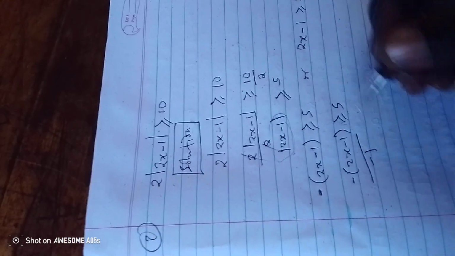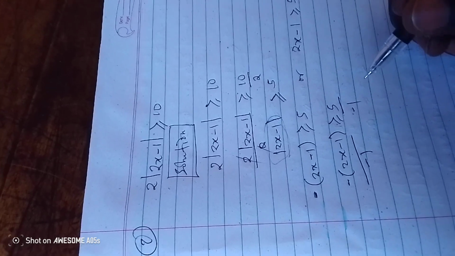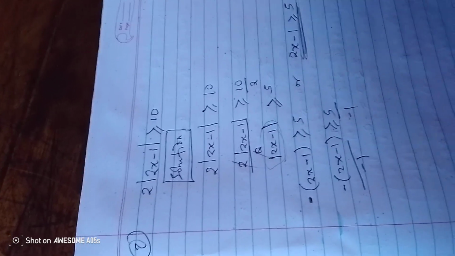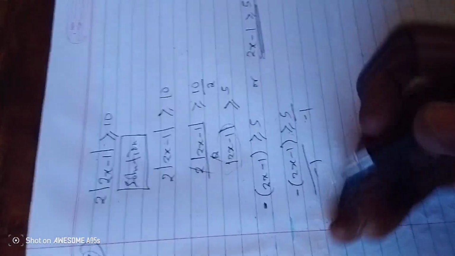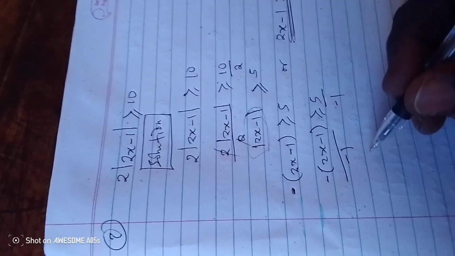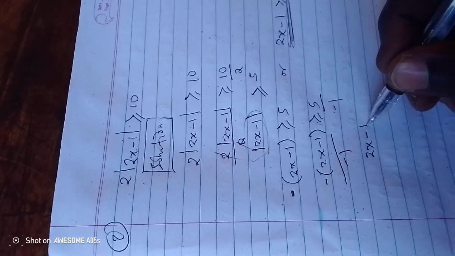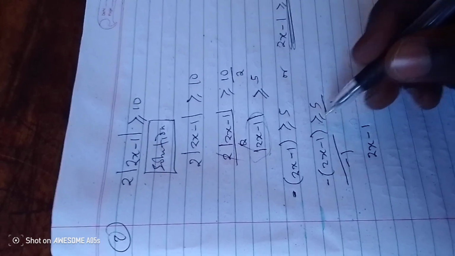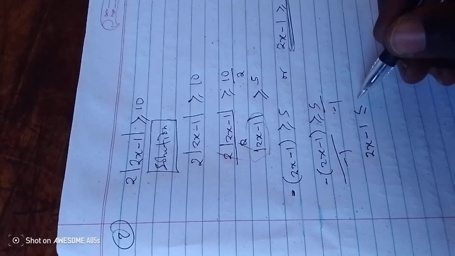We'll divide on this side and we'll divide on this side. The positive, it's okay, we'll maintain it like that. Then for the negative, negative into negative, it will be positive. So we'll remain with this guy. But this symbol will turn now after dividing by a negative.